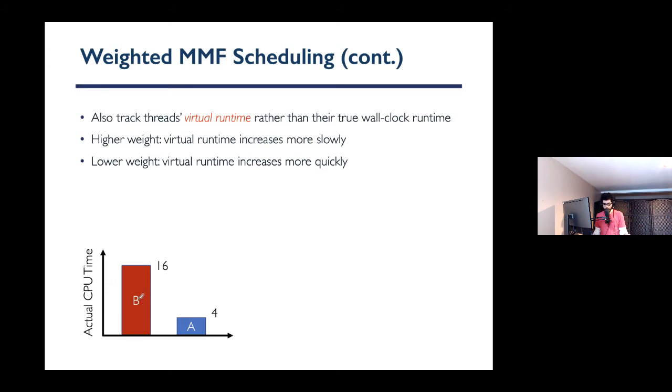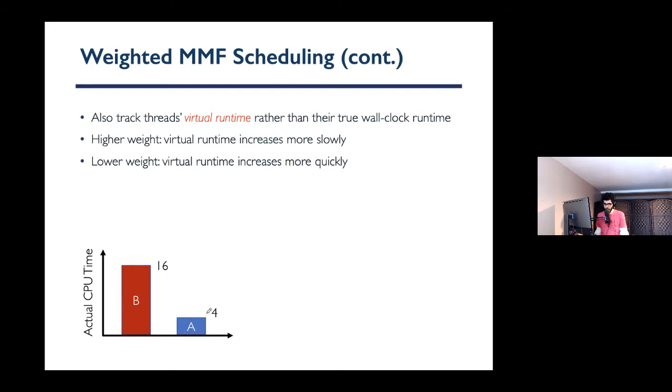Just for the sake of argument, say thread B's time quantum is 16 and thread A's time quantum is 4. So initially nobody had anything, then we gave it to B, we gave it to A, and then we gave it to B, and now it's what you can see. Except if I run max-min fairness now, I would pick A because A has gotten less than B, and I would give the CPU to A.